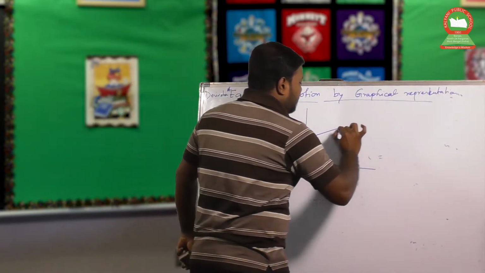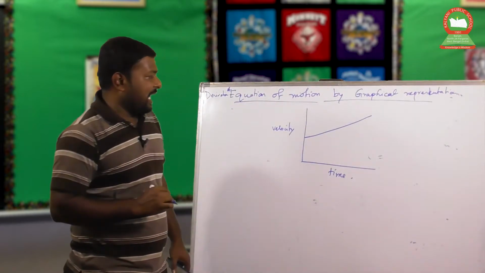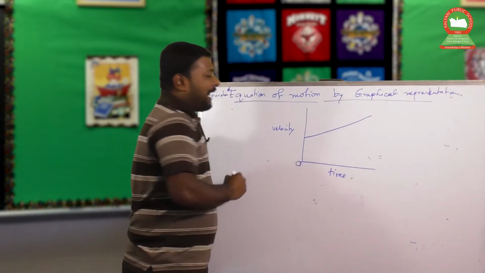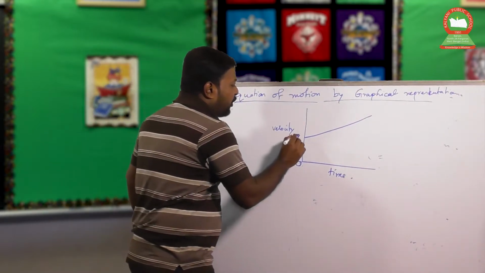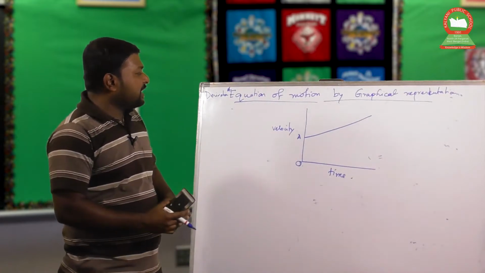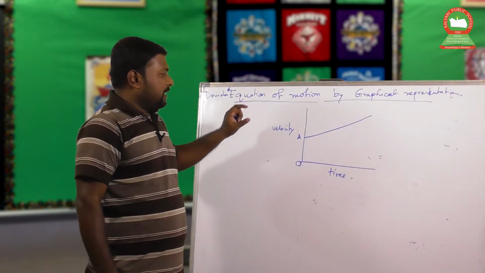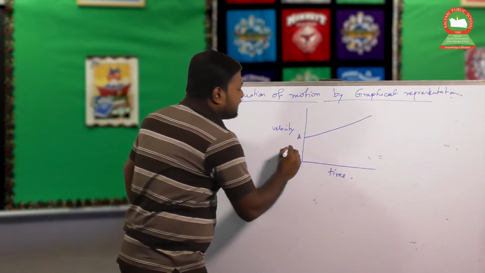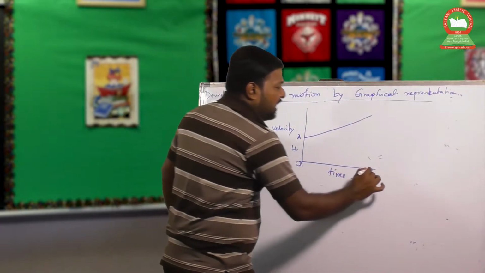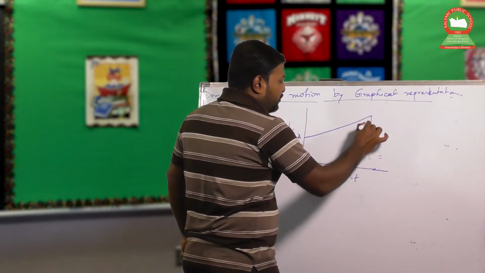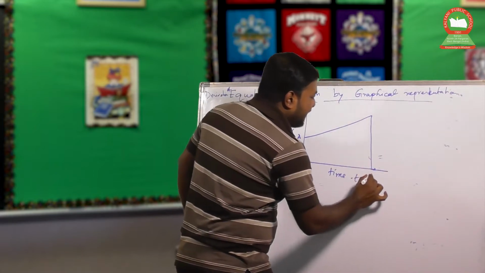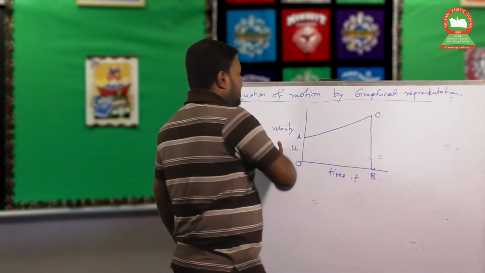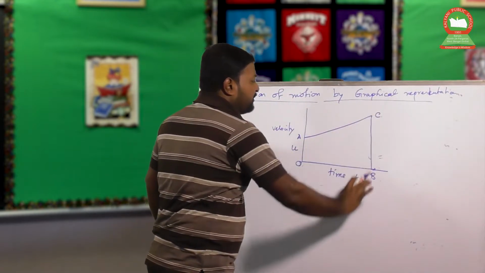Now if we draw this kind of straight line which is starting from that point, take this O as origin and this point is the initial point. So the body's movement is with a certain kind of velocity, an initial velocity, that is U. Now after time interval T, the body moving at that point, take point B, the body's motion is in the form of C and the velocity at that point is VC.